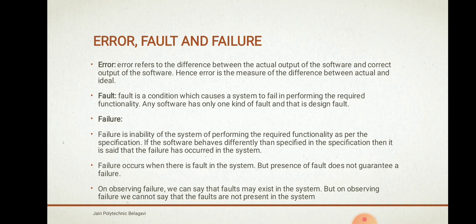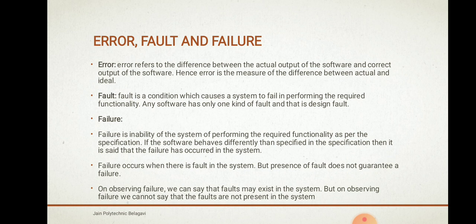Next is failure. Failure is the inability of the system to perform the required functionality as per the specification. If the system is behaving differently from what is specified in the specification, then it is said that a failure has occurred in the system.